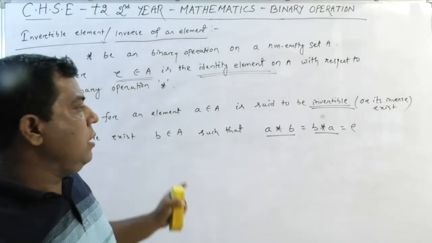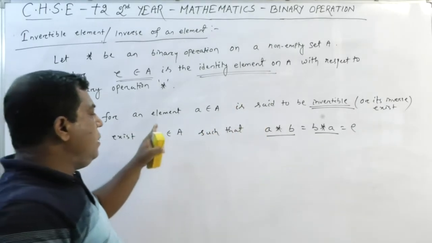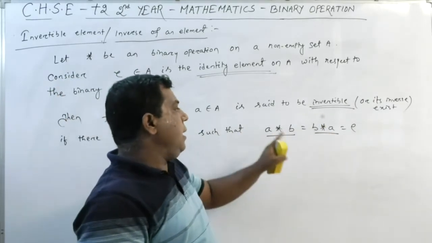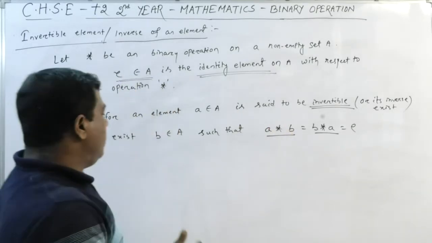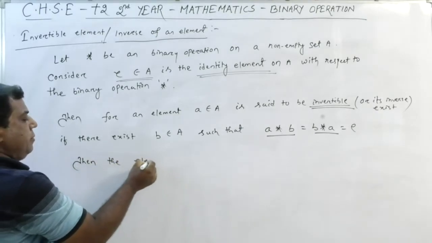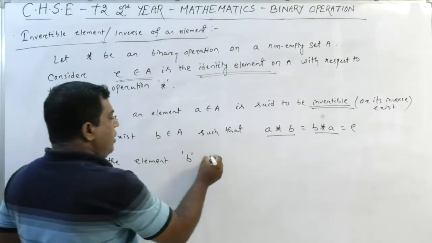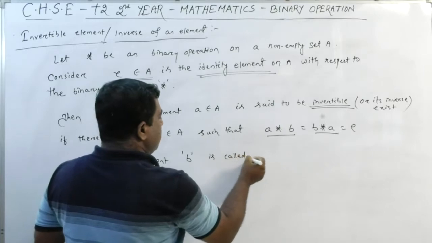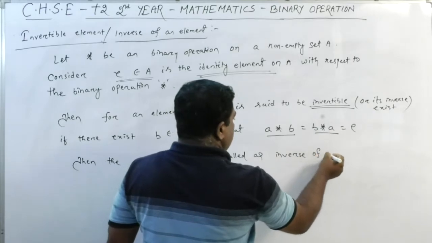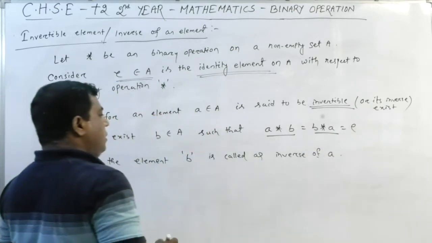If the result is equal to the identity, then that element B is called the inverse of A, and vice versa, A is called the inverse of B.